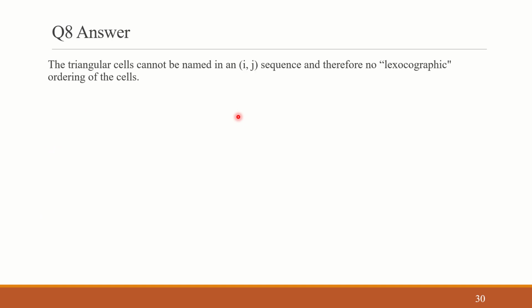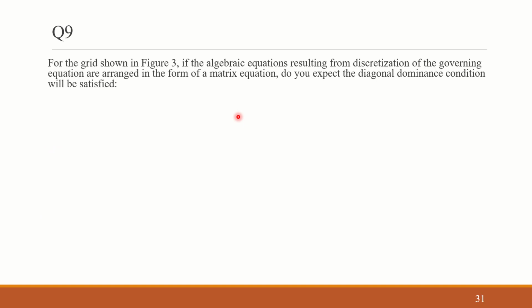Now we will go to question 9. In question 9, for the grid shown in figure 3, if the algebraic equations resulting from the discretization of the governing equation are shown in the form of a matrix equation, do you expect that the diagonal dominance condition will be satisfied?